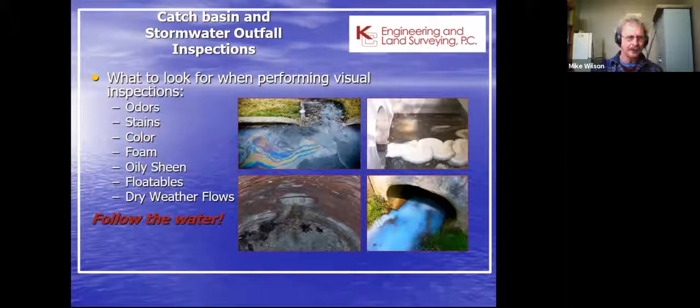If you notice any odors, stains, color, foam, oily sheen, or floatables, follow that water and you will find the source of pollution. But if you notice any of that, notify your supervisors as soon as possible.